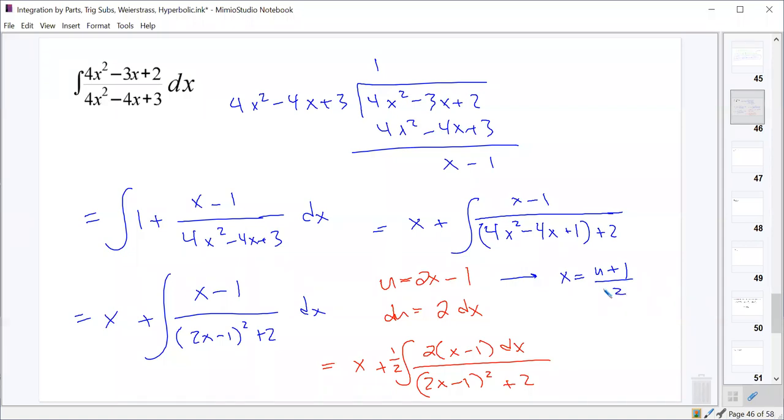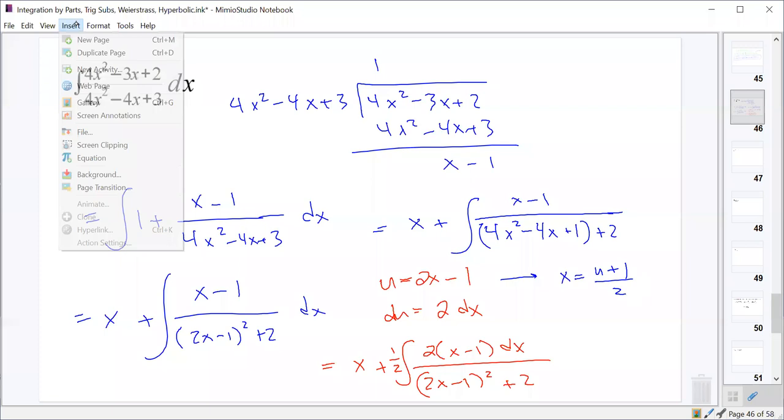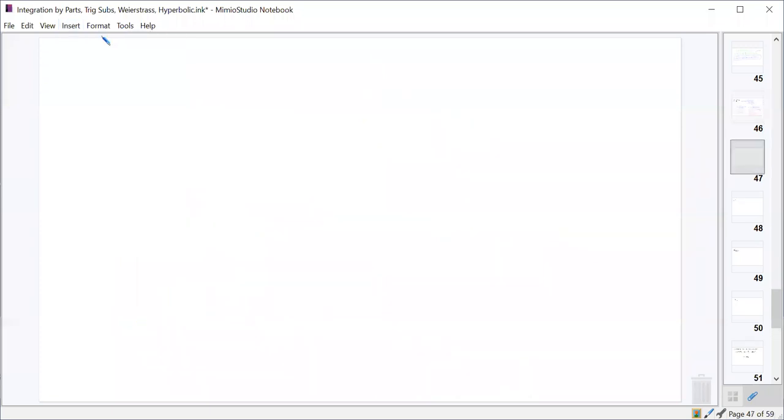So I should then be able to turn this. Hopefully I'm remembering everything that we just had. We had an x, so we had a 1/2 in front of our integral. We had an x minus 1, right?